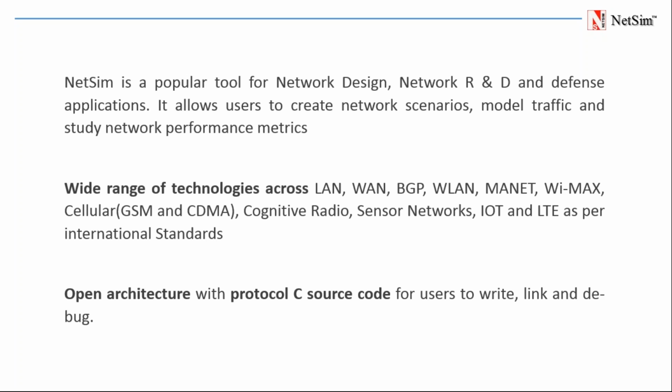But in the standard version, apart from the GUI, users are provided with C source code of the network protocols, which are implemented based on IEEE and IETF standards. The purpose of giving the source code is to enable users to edit the standard protocol code according to their own implementation, and they can link it with NetSim and analyze the performance of their newly designed protocol.